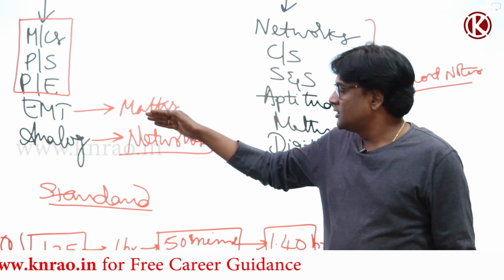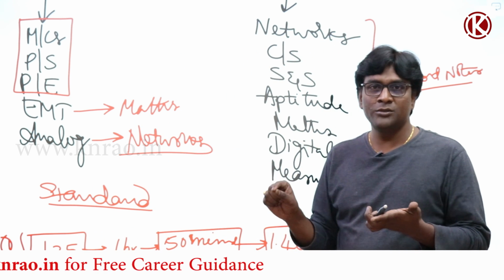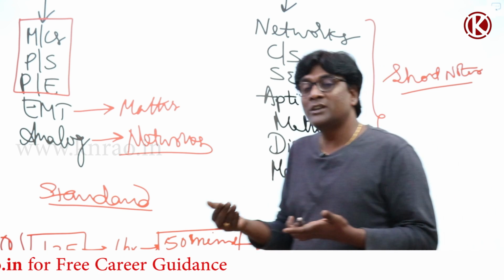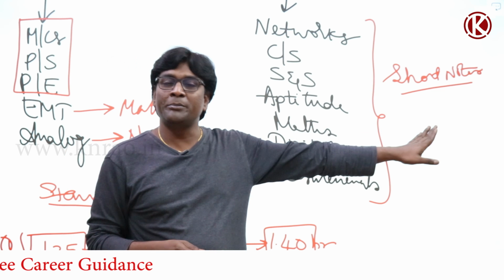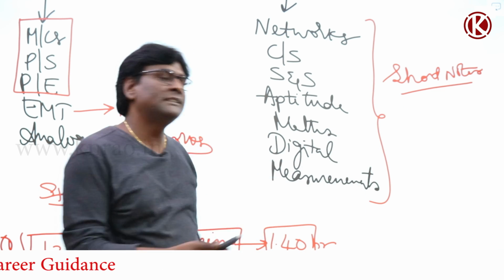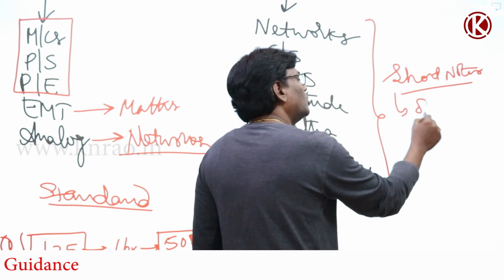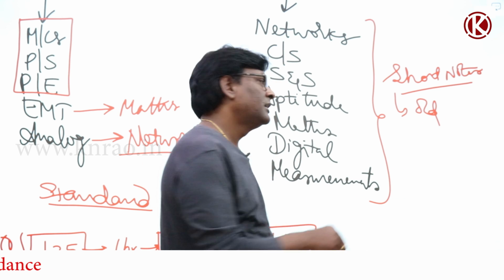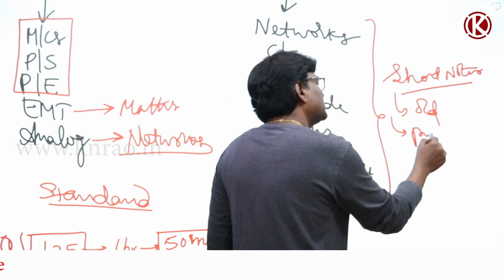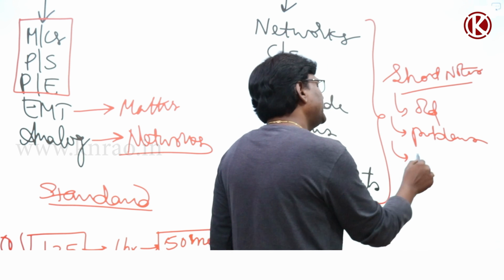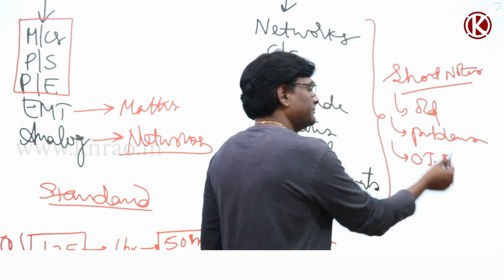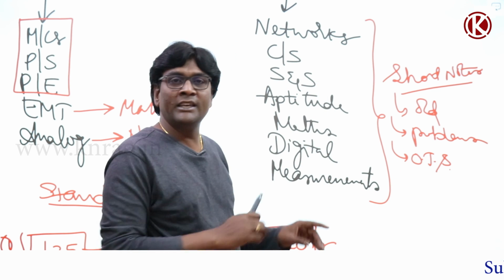Actually, in the first stage you maintain running notes, and in the second stage you prepare short notes. But for these subjects, you can directly prepare short notes, and additions will be made once you go through old GATE IES, our problem sets, and OTS online test series. In this way we have to do.